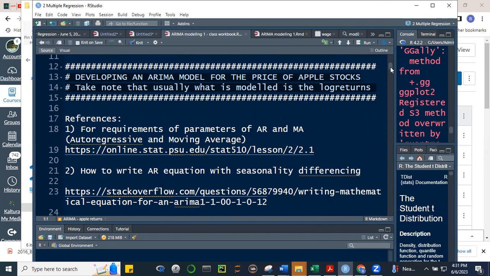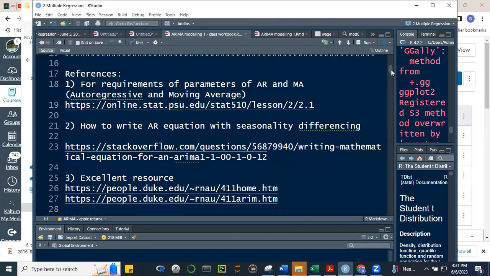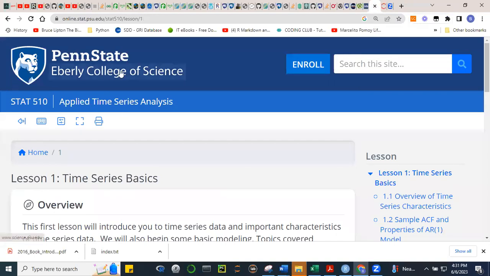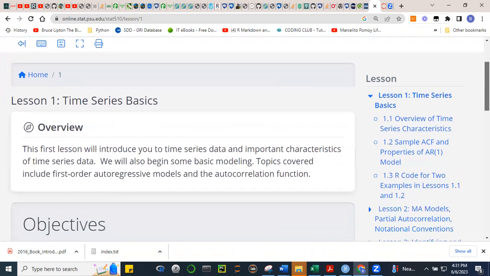So there are some references that I shared with you here. I would strongly encourage you to look at these references. For example, this reference from Pennsylvania State University. They have a very good resource on applied time series analysis.